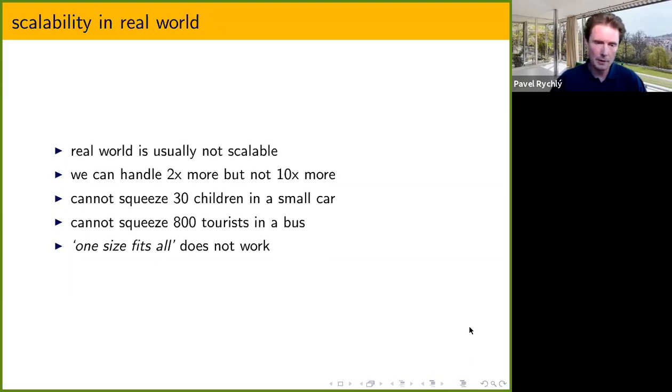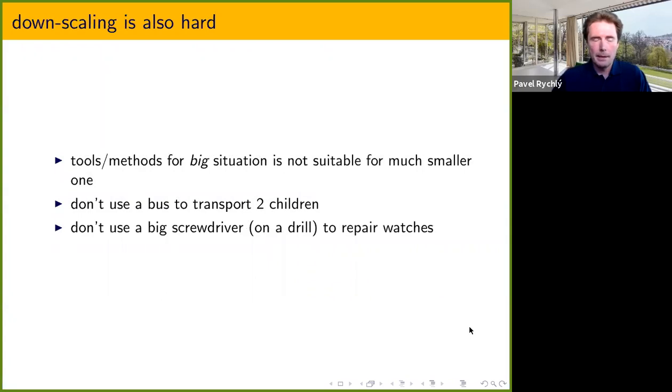So the real world is not scalable, and we should know that even the math or some algorithms are not scalable in computing. Usually we talk about scalability when talking about more data or bigger counts or bigger sizes and so on. But the same situation is when we are going down.